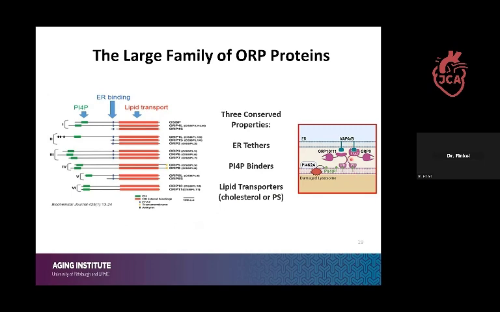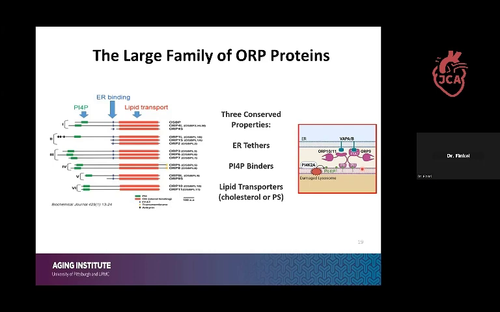And then once these two organelles, the ER and the lysosomes, are tethered together by these ORP proteins, these proteins do one more thing. They take this PI4P on the lysosomal surface and exchange it for phosphatidylserine on the ER membrane. And so they bring PI4P to the ER and bring phosphatidylserine to the lysosome.